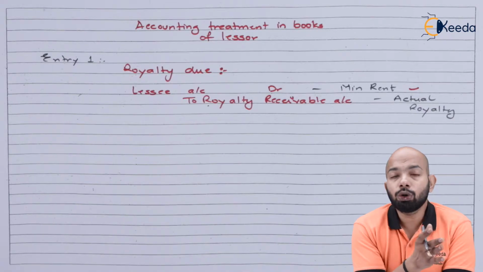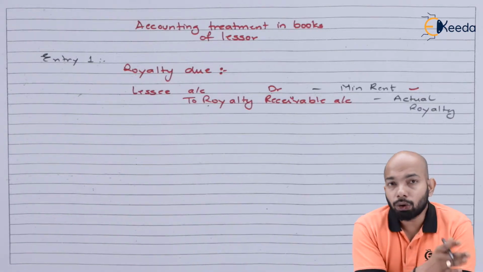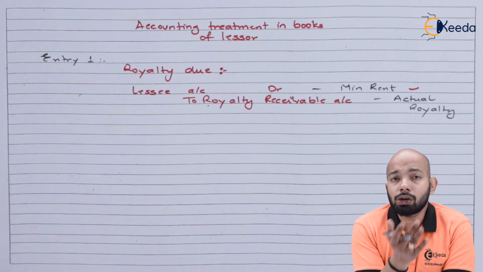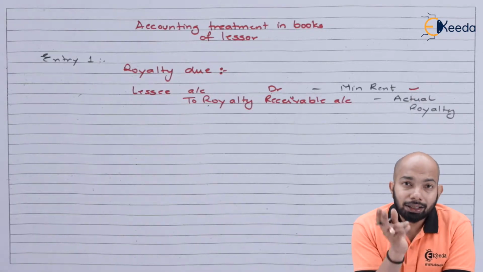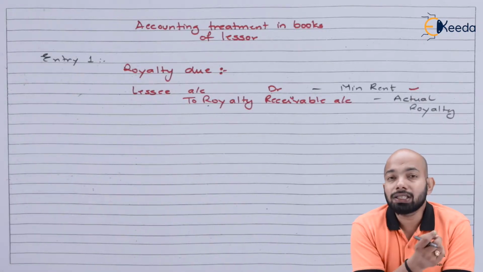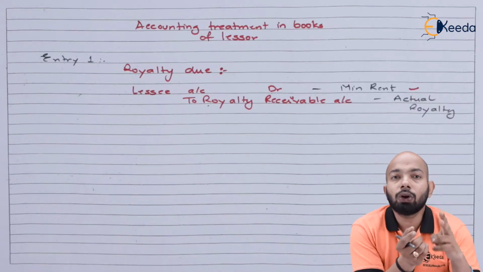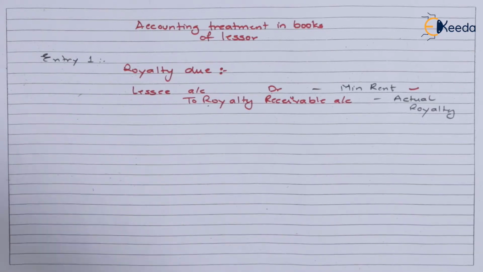However, I don't know whether the actual royalty is greater than the minimum rent, or the minimum rent is greater than the actual royalty. But I'll treat it as if actual royalty is more than the minimum rent. Once the royalty is earned and it is supposed to be transferred, at that time I can decide whether I need the minimum rent or the actual royalty.